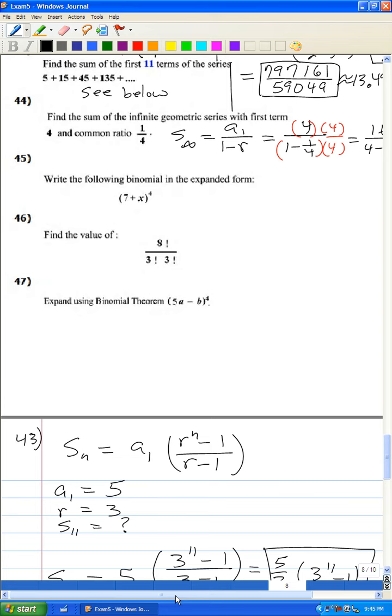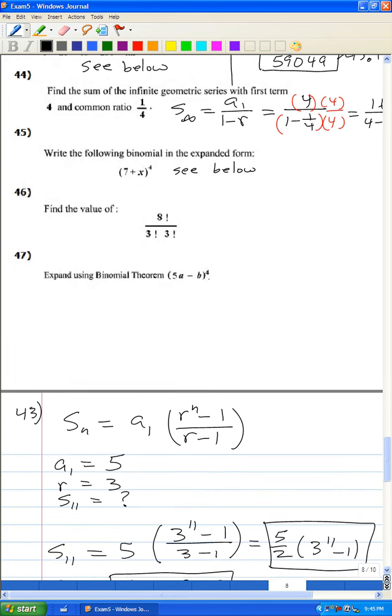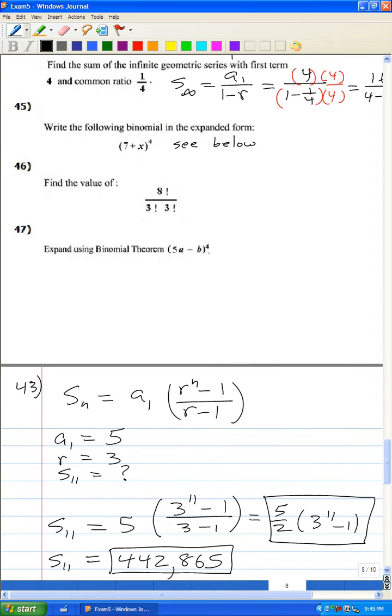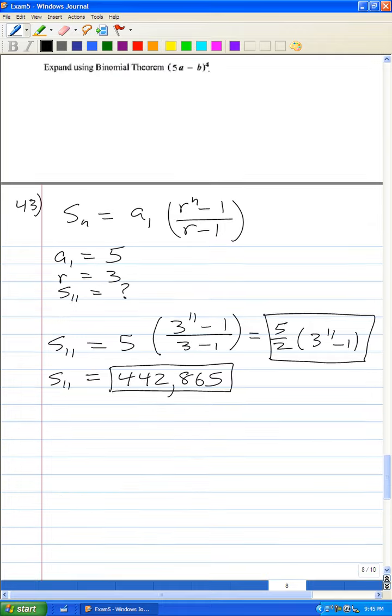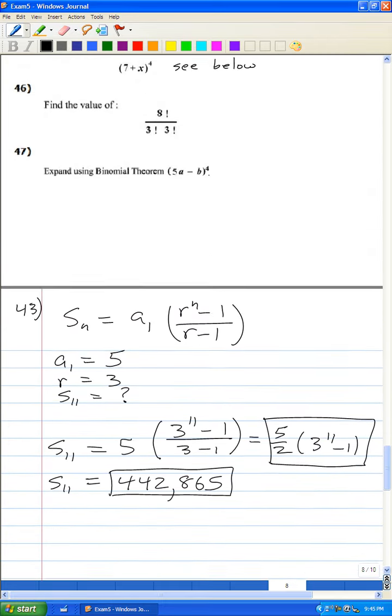Let's do problem number 45. So let's do the expansion. So (7 plus x) to the fourth. This is problem number 45.